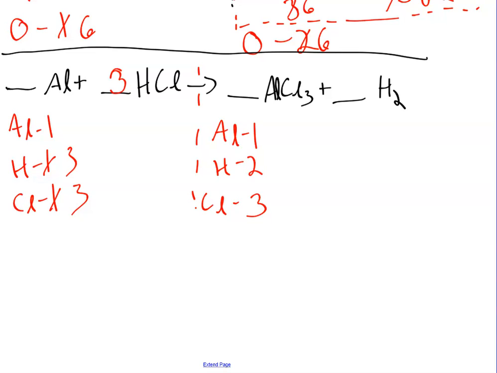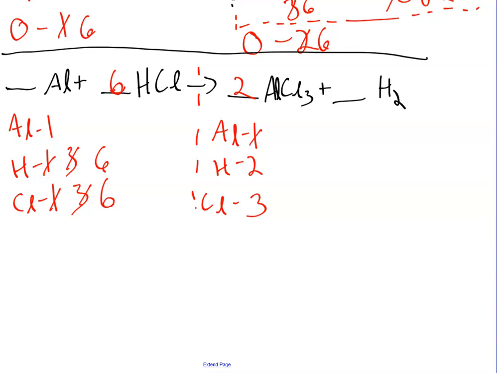To do that, I'm going to change this coefficient to a 6. Now I should have 6 hydrogens, 6 chlorines. On this side, we need to get our chlorines to 6 as well, so I'll put a 2 right there.